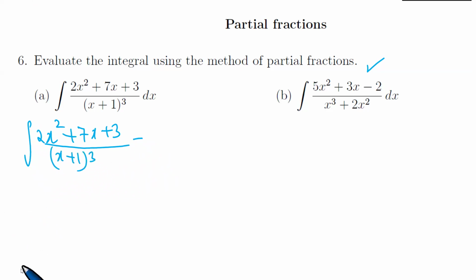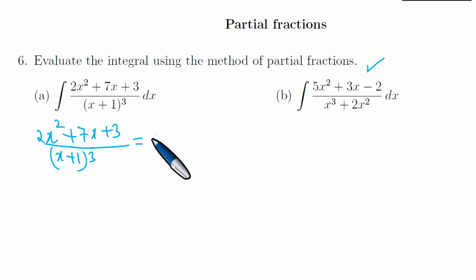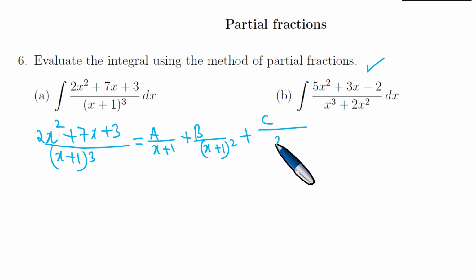First and foremost, to look at this particular question, we shall actually have to write this as A over x plus 1, B over x plus 1 squared, plus C over x plus 1 cubed.